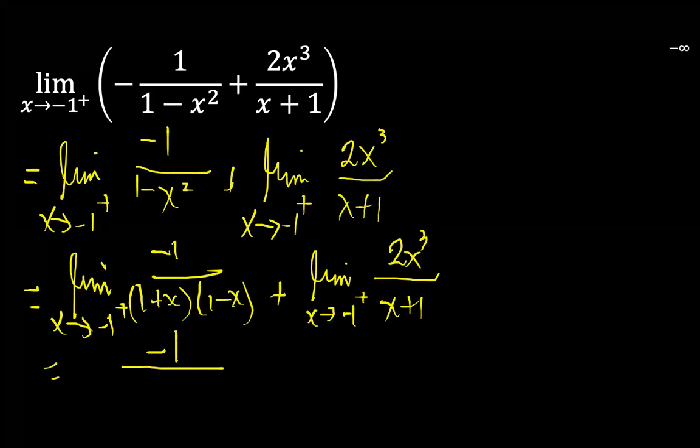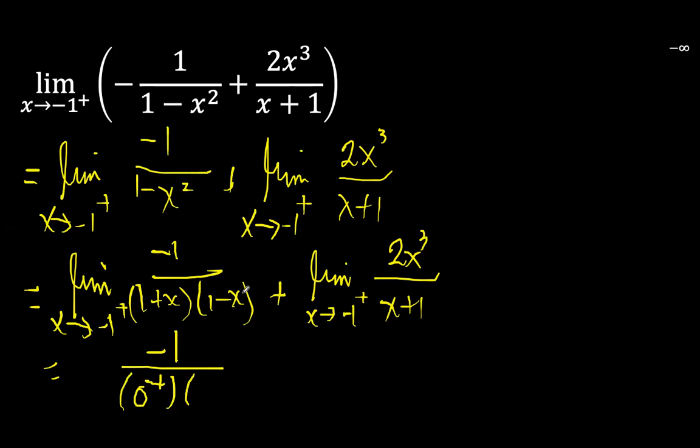As we substitute the values of x here, the value of this factor approaches 0. But since the x values are greater than negative 1, such as negative 0.999, wherein the absolute value of x is less than 1, we get positive values, and the values are approaching 0.